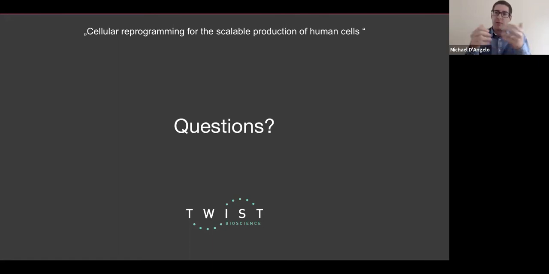There are high throughput platforms for that now, but they're not widely available, or even those are somewhat limited in their scale. Then you've got issues where maybe there's transfection efficiency differences. So already you might have some cells that don't receive the episomal plasmid and therefore don't reprogram, or you need to use some sort of drug selection to enrich.